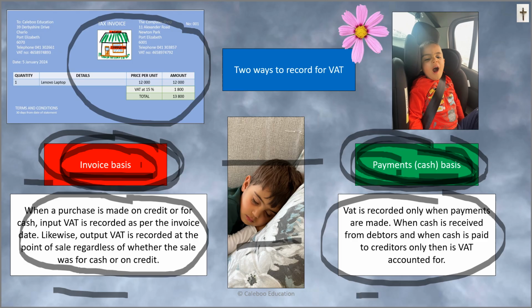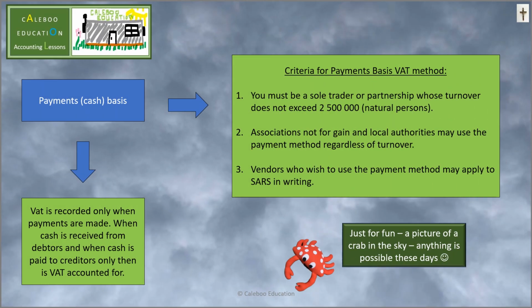So on this slide, I looked at two ways to record VAT: the invoice basis method and the cash basis method. As I mentioned on the previous slide, the payments cash basis can be used if the following criteria is met.